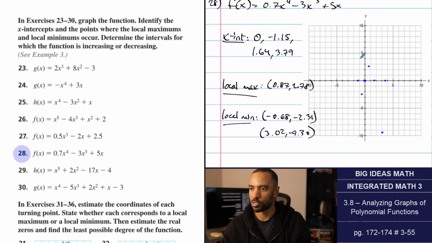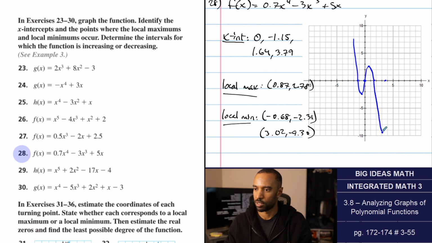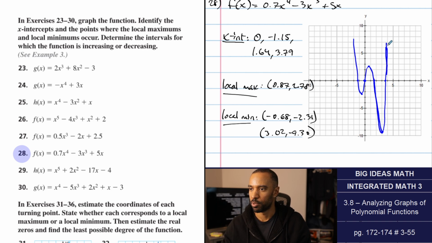So it's got a lot of ups and downs, and the y-intercept is the x-intercept, which is 0 right there. So we bottom out here. We top out here. We bottom out. We go through this point, and we bottom out here. Then we top out there as well. I'd like to get a little more curve to this one, though. I'd like to get a little more down like that. There we go. And go up and through like that.